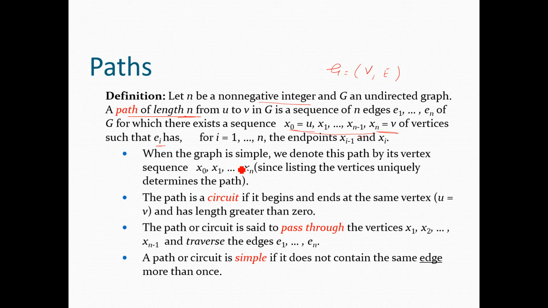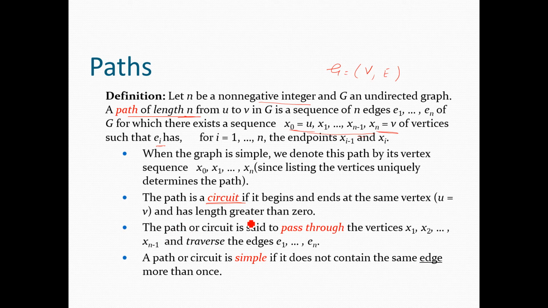Now next, when the graph is simple, we denote this path by its vertex sequence, that is x0, x1, ..., xn, since listing the vertices uniquely determines the path. Next, a path is said to be a circuit if it begins and ends at the same vertex, u equal to v, and has length greater than 0.